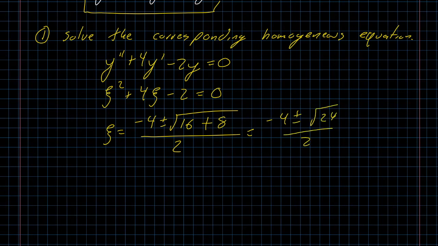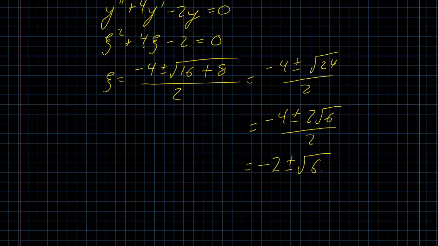The square root of 24: 24 is 4 times 6, and 4 is a perfect square. And then the fraction reduces because we've got all these even factors. So we end up with negative 2 plus or minus the square root of 6. All right.